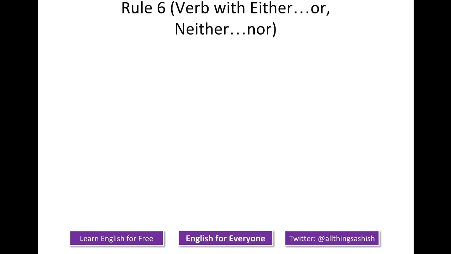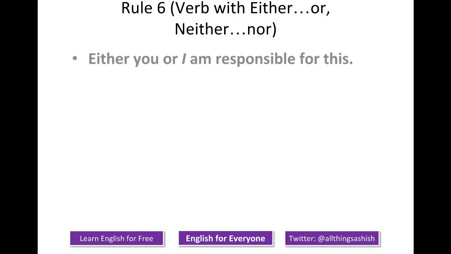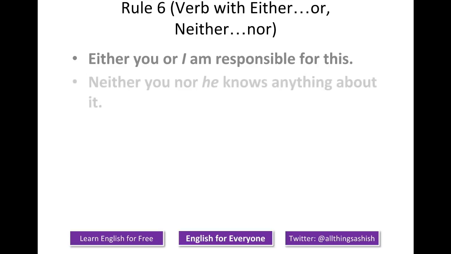Let's look at rule number 6, verbs with either or, neither nor. Let's start with a few examples. Either you or I am responsible for this. Neither you nor he knows anything about it.